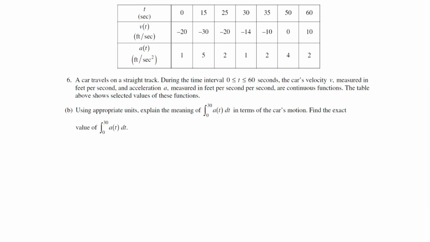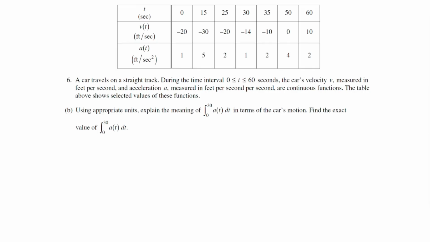In part B, it says, using appropriate units, explain the meaning of the integral from 0 to 30 of a of t in terms of the car's motion, and then find the exact value of that integral. First we'll explain what it is.